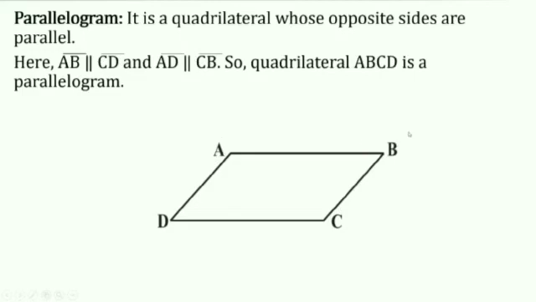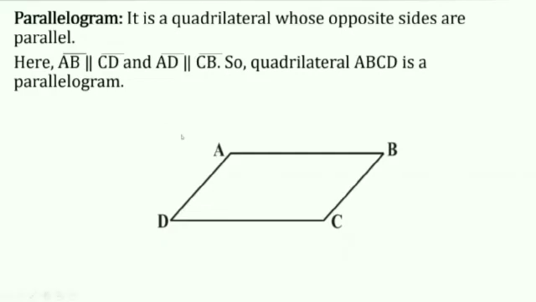Here you can see AB is parallel to CD, and AB is opposite to CD. And AD is parallel to BC, and both sides are opposite each other. Such a quadrilateral we call a parallelogram.